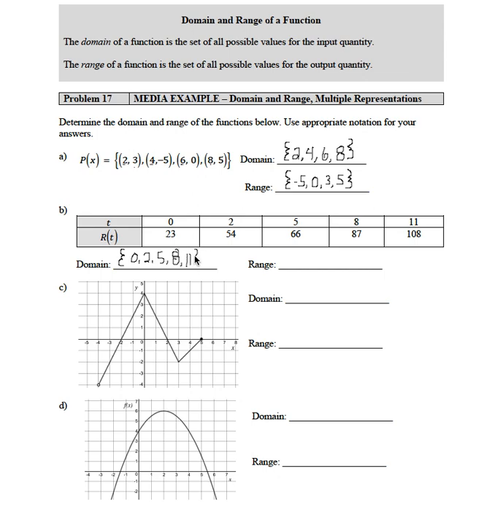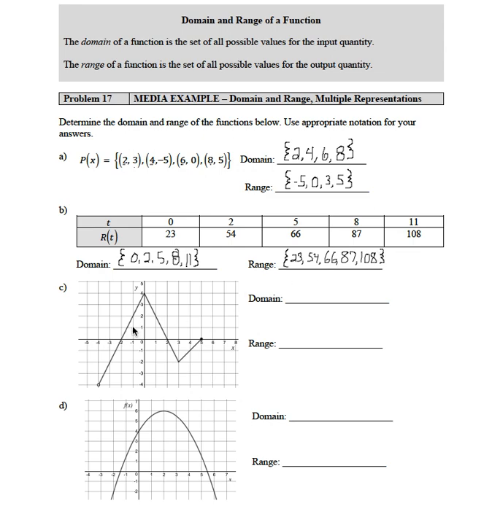Kind of an interesting looking 8 there. And for the range, we're going to list the elements in the second row, which are already in order: 23, 54, 66, 87, and 108. Again, using those curly brackets.